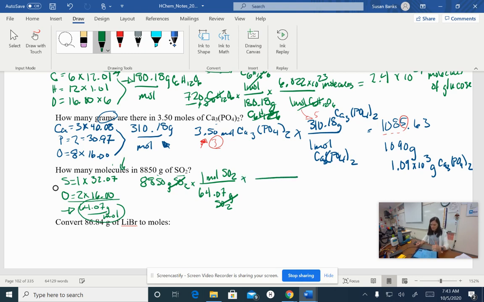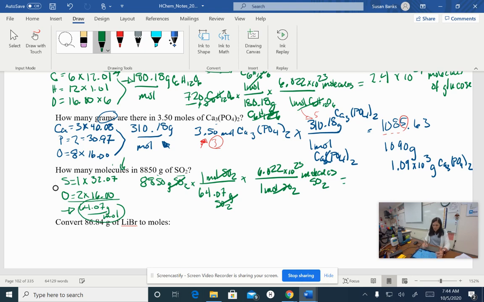I want moles to cancel out. So in 1 mole of sulfur dioxide, I have 6.022 times 10 to the 23 molecules using Avogadro's number. Okay, so my moles of sulfur dioxide cancel out, and I'm into molecules of that sulfur dioxide, which is what I want.